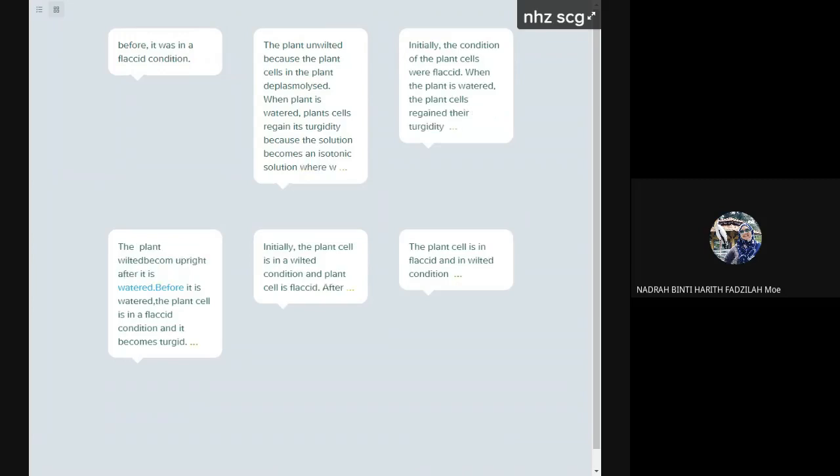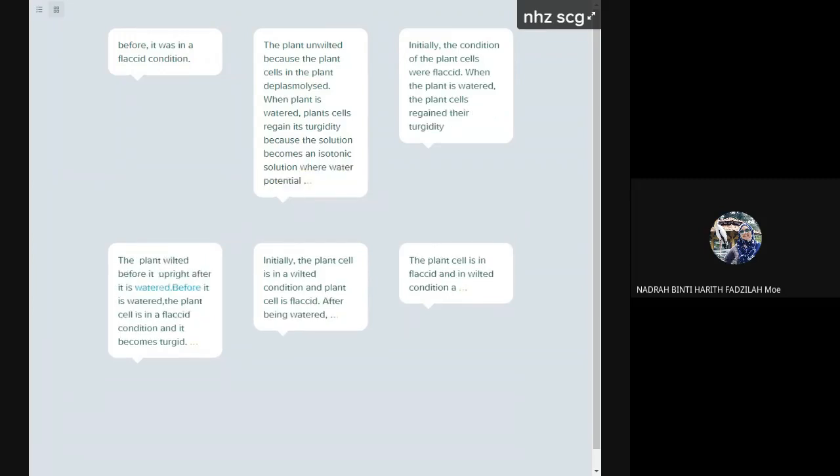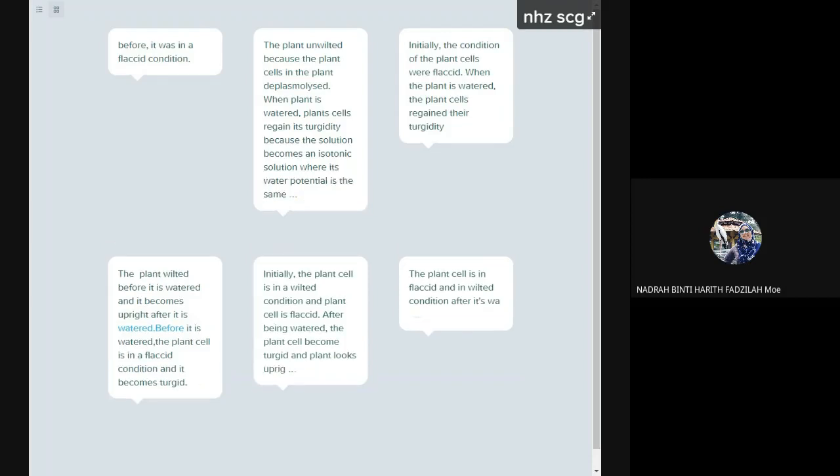Plant cell dia adalah turgid. Okay, that is the combination that we usually use lah. Plant wilted, plant cell flaccid. Plant is in fresh condition atau upright condition. Dia punya cell adalah turgid.